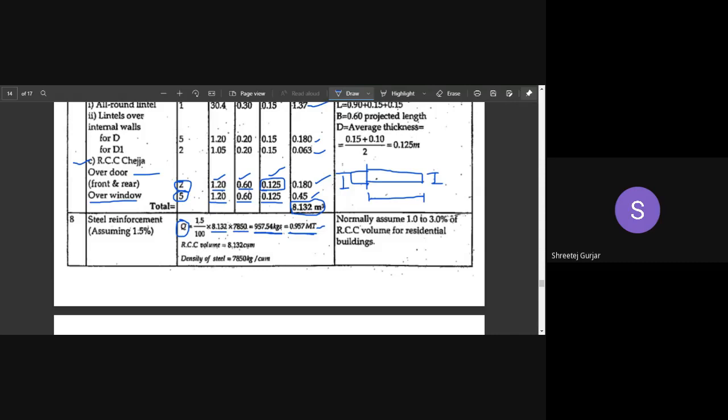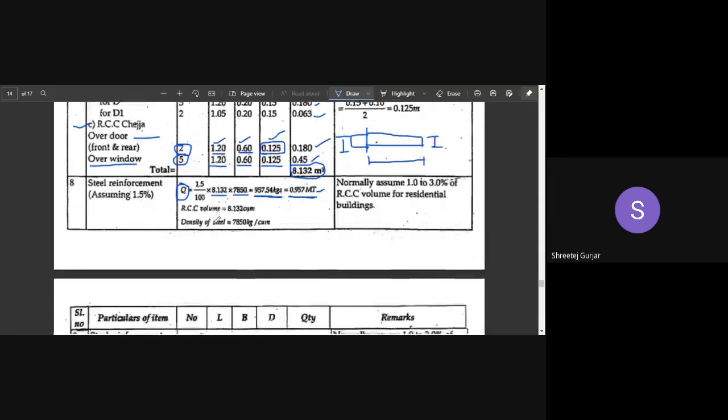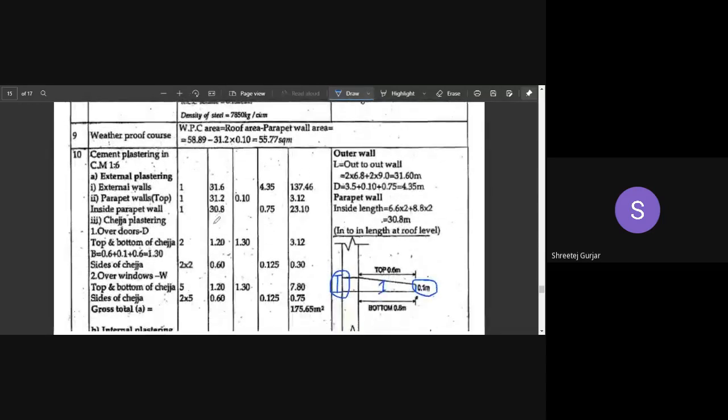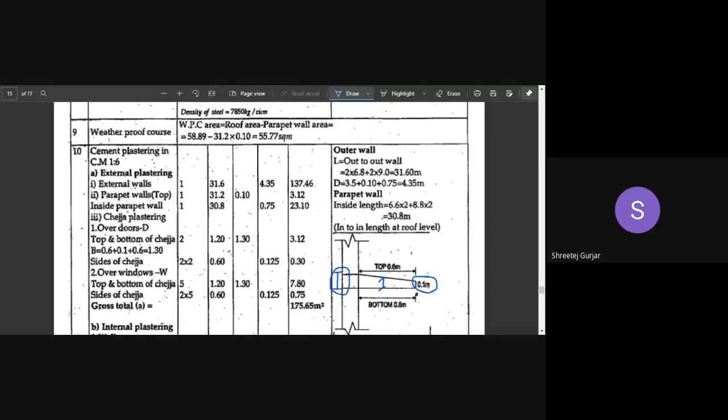You always measure steel in metric tons, so whatever value you get in kgs, you divide it by 1000. So 0.957 metric tons of steel is required for my RCC work. This is how you calculate steel reinforcement. Now coming to your next part, it is weatherproof course.